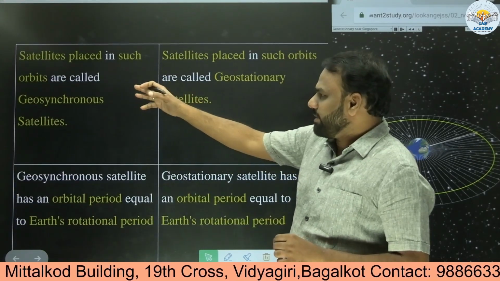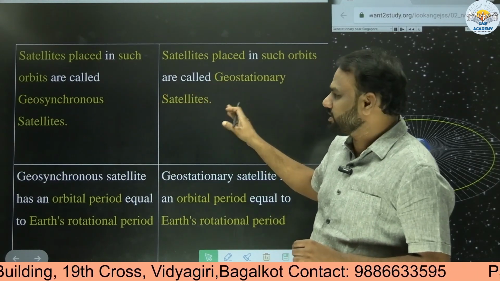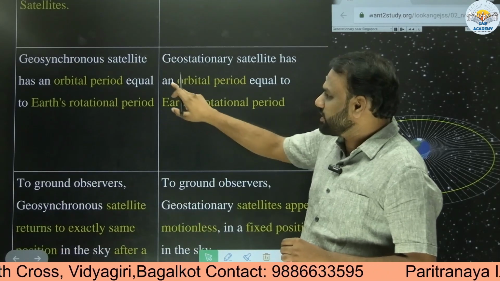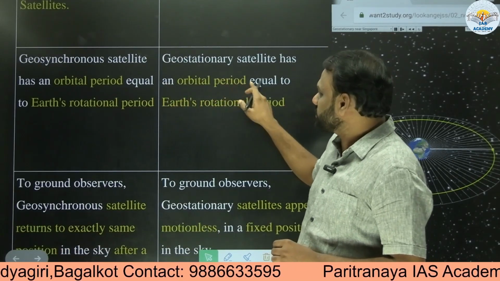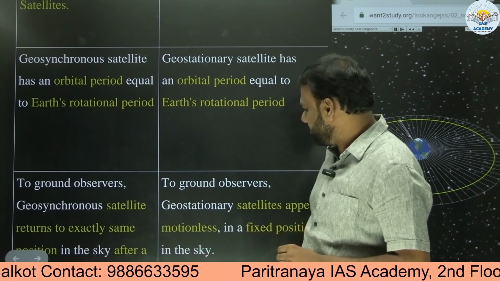As I mentioned, satellites placed here are called geosynchronous satellites, and satellites placed in such orbits are called geostationary satellites. Next, a geosynchronous satellite has an orbital period equal to Earth's rotational period. Similarly, a geostationary satellite has an orbital period equal to Earth's rotational period. So what does it mean?